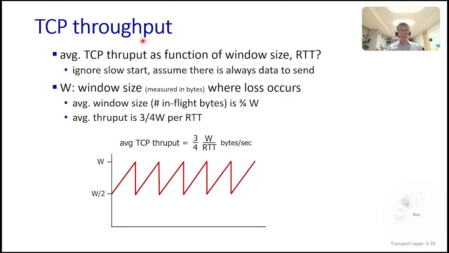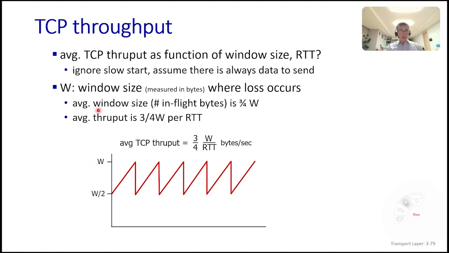And TCP throughput. The average TCP throughput as a function of window size and RTT. Ignore slow start and assume there is always data to send. W is the window size, measured in bytes, where loss happens. So W is the maximum, and half of it is the slow start threshold value.